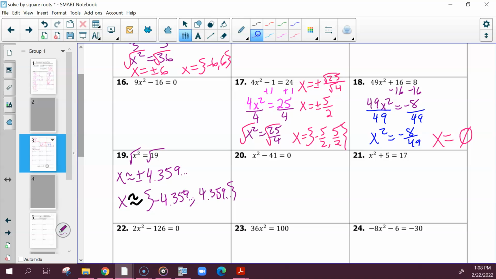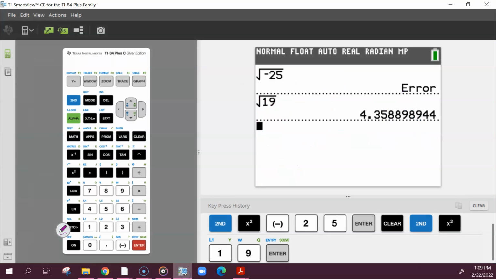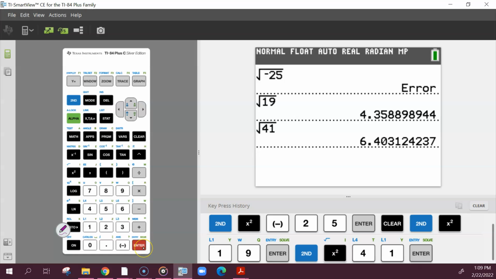So if we had one like number 20, add 41 to both sides, so you get x squared equals 41. You should be thinking, is 41 a perfect square? The answer to that is no, but I'm still going to take the square root of both sides, put that in my calculator as the square root of 41, see what I get, 6.403.